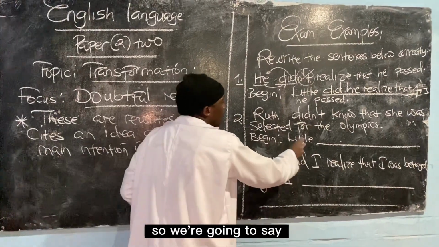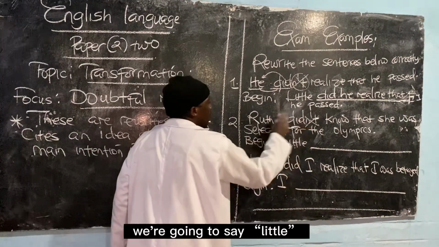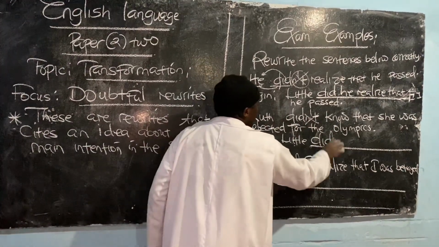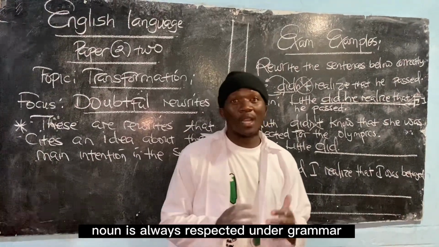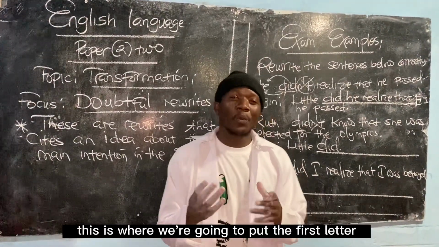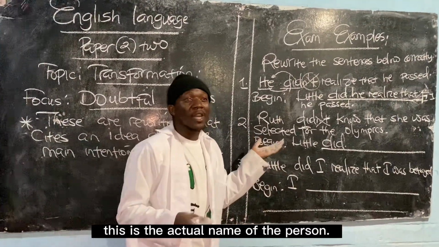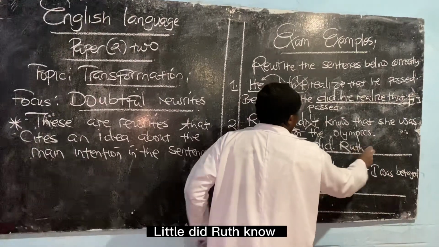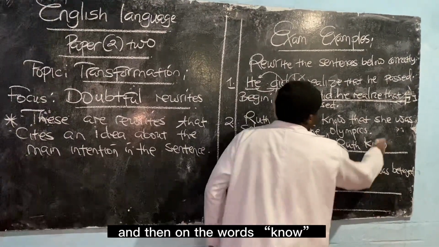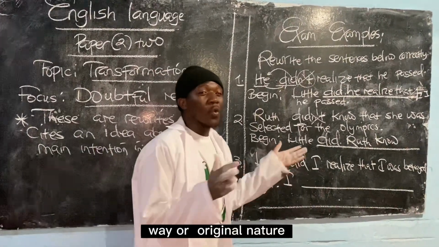So we're going to say "little did", and then we kill the negativity. We're going to say "little did Ruth". But Ruth is a noun, and a noun is always respected under grammar. This is where we put the first letter as a capital to imply that this is the actual name of the person. "Little did", then we say "Ruth know". And on the word "know", we simply maintain its original nature.